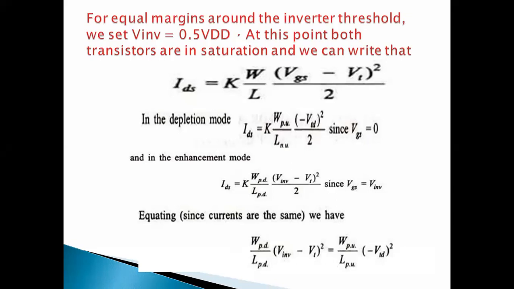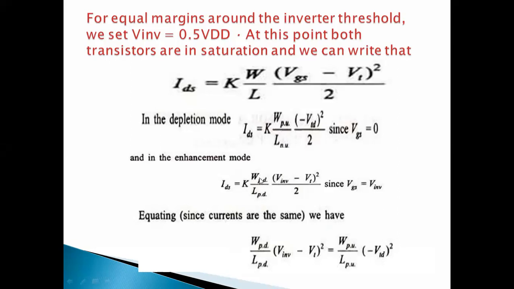For that reason, we write WPU by LPU for the depletion mode device, and WPD by LPD, the pull down width and pull down length, for the enhancement mode device.